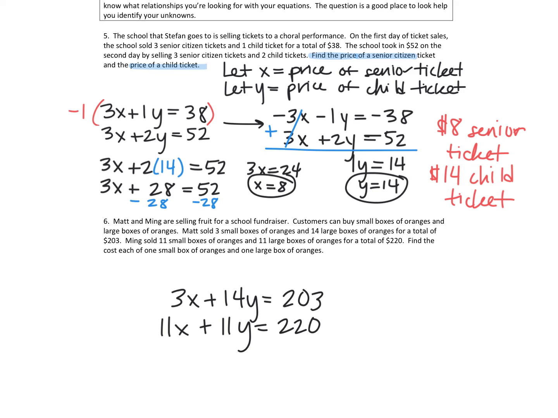Okay, and before you get any farther, you need to, and we did this because it's 2 objects in a total, find the cost of small and large. So that tells you what your variables stand for. Let x be equal to the cost of the small box. Let y be equal to the cost of the large box.